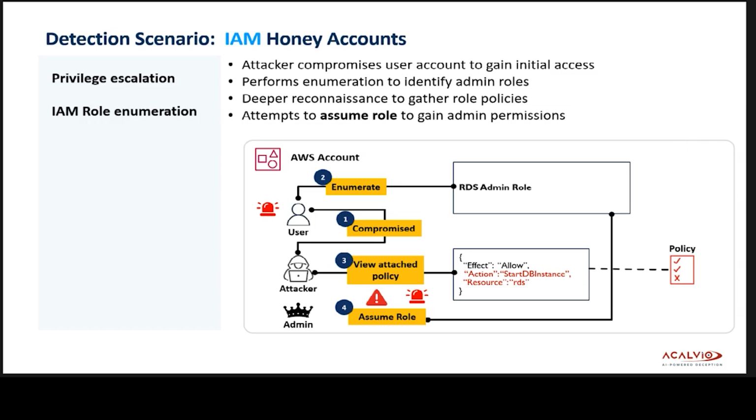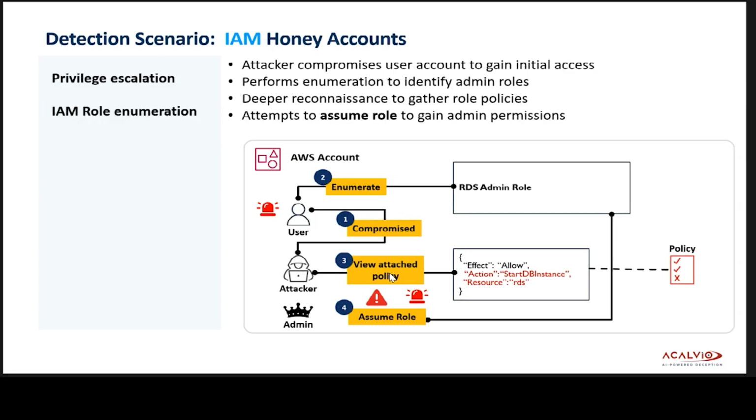So let's say step one, they compromise a particular user, and using that user, they're trying to enumerate all the IAM accounts specific to the cloud. So let's say there's a particular RDS admin role. They found that. Okay, excellent.